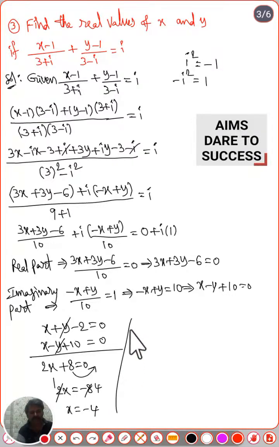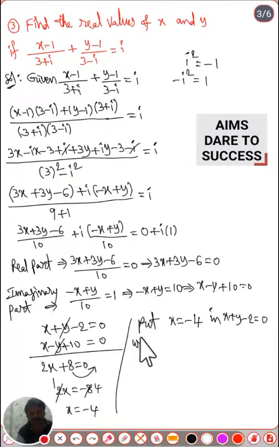After getting the x value, put x is equal to minus 4 in x plus y minus 2 is equal to 0. We get minus 4 plus y minus 2 is equal to 0. So y will be the same. Minus 4 minus 2, how much?